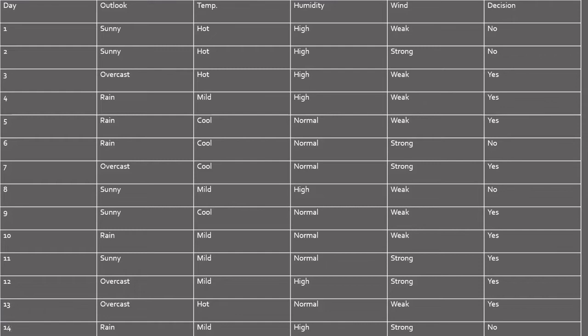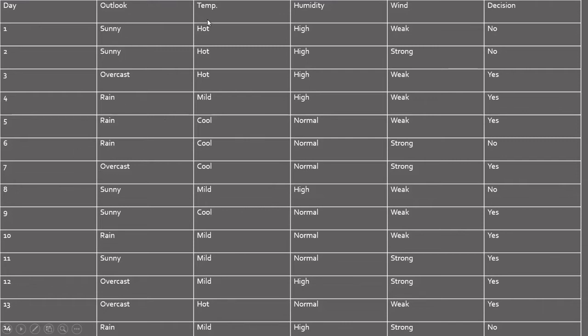And to come to the decision of no or yes, there are 4 features it depends on. The 4 features are outlook, temperature, humidity, and wind. So the decision is a dependent variable on these 4, and these 4 are independent variables. Looking at the values of these features, the outlook set consists of only 3 values: sunny, overcast, and rain.